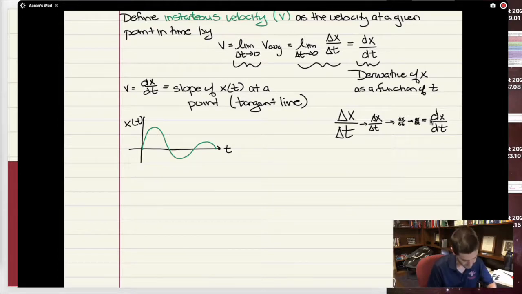Like, for example, what is going on right here? If I wanted to say what my velocity is at that given moment, what I'm talking about is the instantaneous velocity. You could think of it as taking the average velocity over a very, very refined, small period of time.